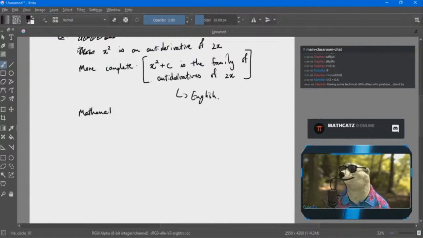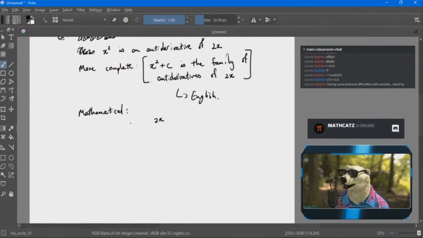So fully mathematical, I'm going to say the exact same thing. It's very important to realize that the representation that we're going to give next is exactly the same as this sentence in the square box. Just like originally in the question, I'm starting with 2x. So 2x is given, for example, and I'm looking for the antiderivative.